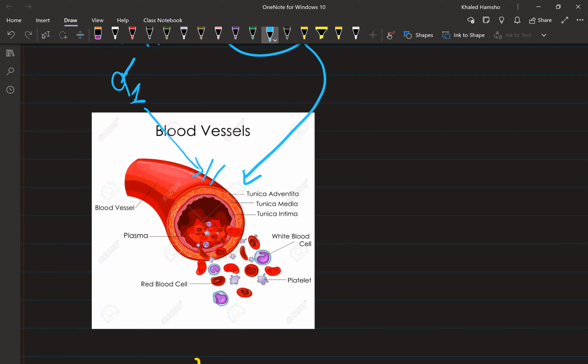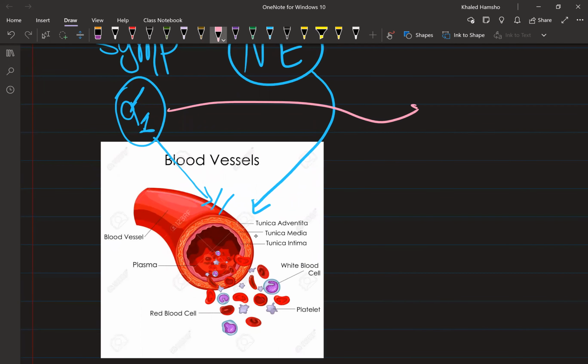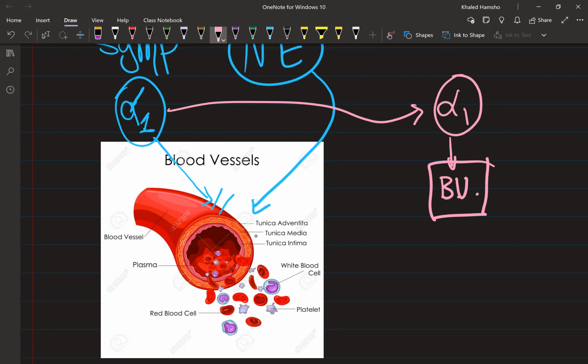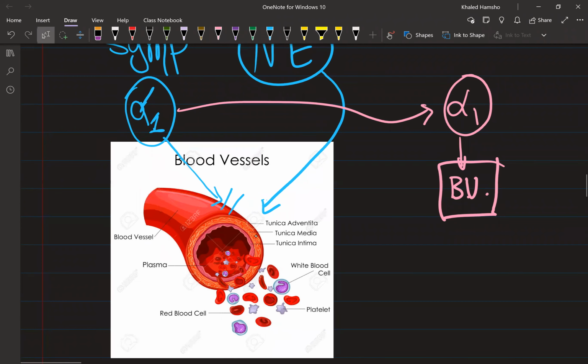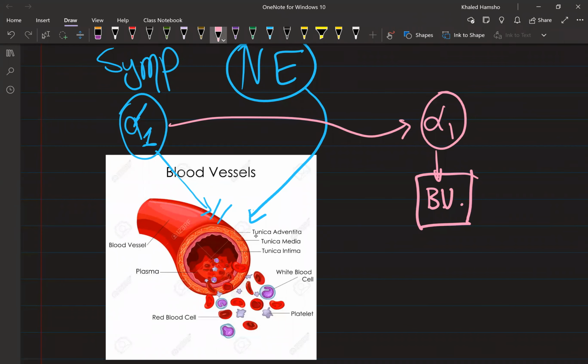receptor. Now, just a general rule of thumb, alpha 1 is found in blood vessels. Remember that alpha 1 is mainly found in blood vessels. What this does, it comes in, binds to the receptor over here, and causes the blood vessel to constrict, basically shrink in size.